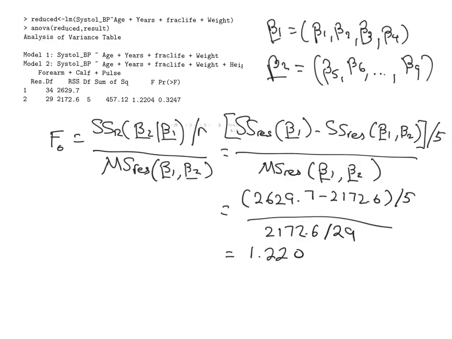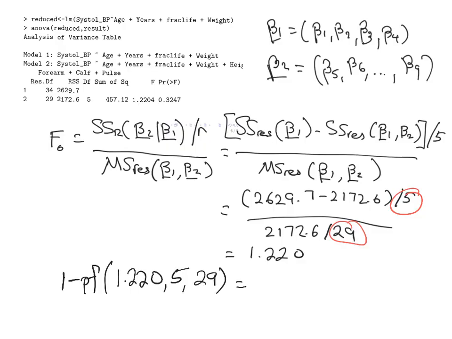And to find a p-value using R, it is 1 minus pf of your test statistic, and the degrees of freedom for an F distribution. There are actually two, some people call them numerator and denominator degrees of freedom. So the numerator is 5, because we have the 5 over there, and then the denominator is 29.